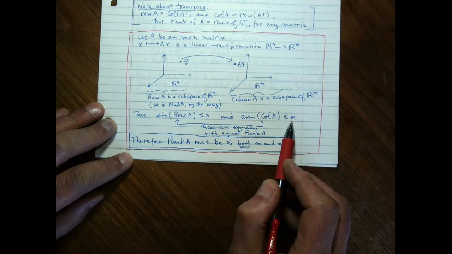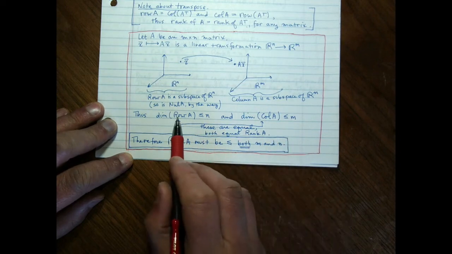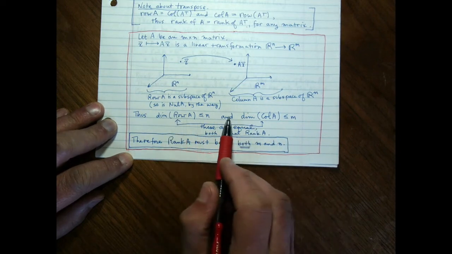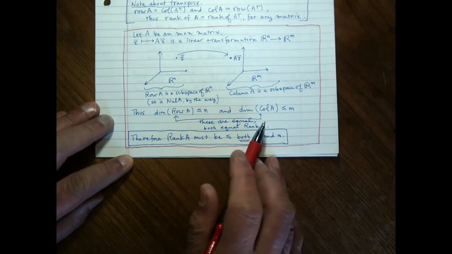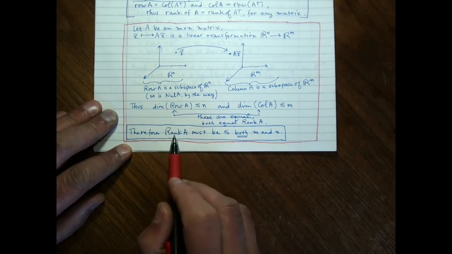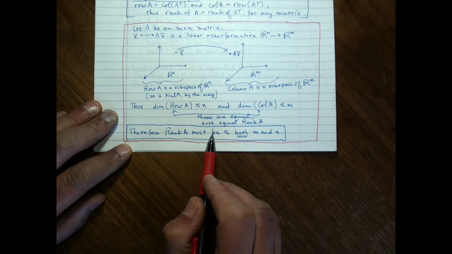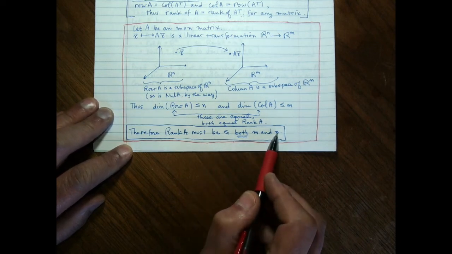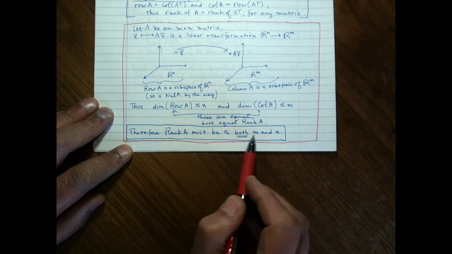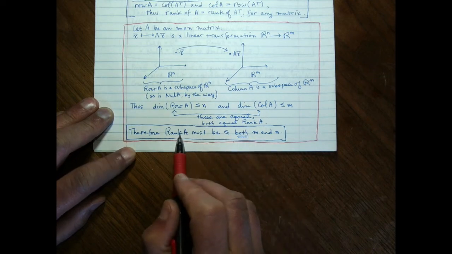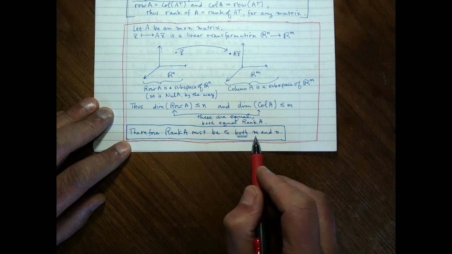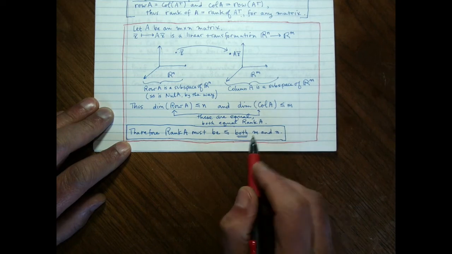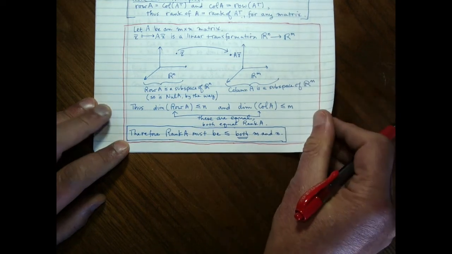But these two dimensions are always equal, and they're called the rank, right? So that common value, the rank, must be less than or equal to both m and n. And maybe I could have said that in a better way. The rank has to be less than or equal to the smaller of m and n.